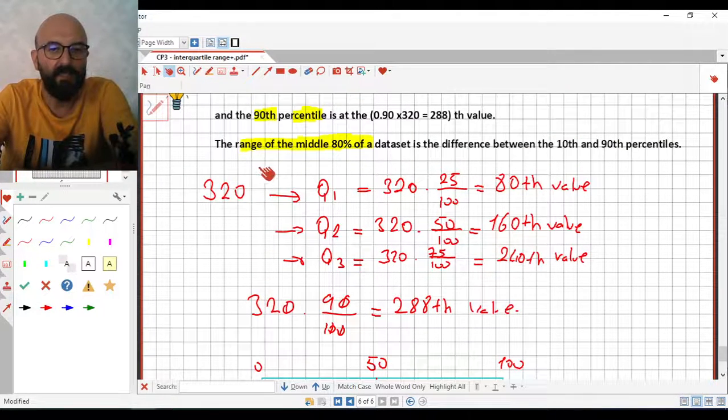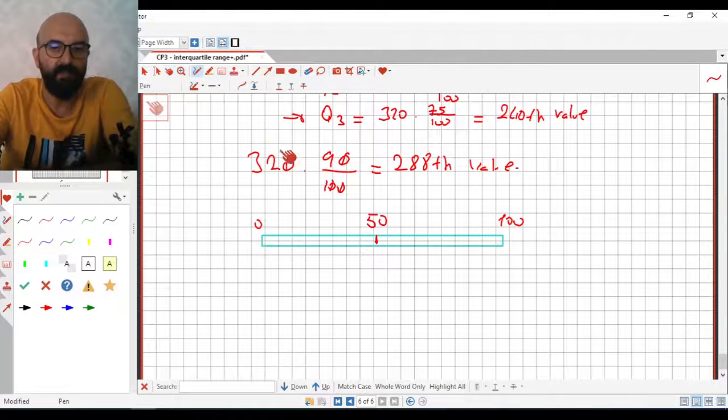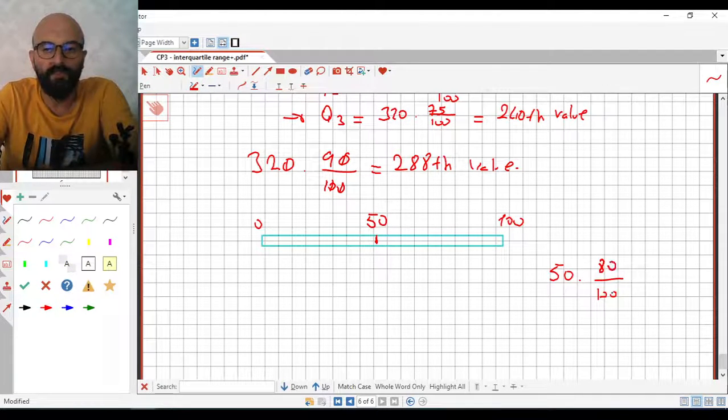They want the range of the middle 80%, so we take 50 multiplied by 80%, which means 40, and we find 50 minus 40, the 10th value, and 50 plus 40, the 90th value.